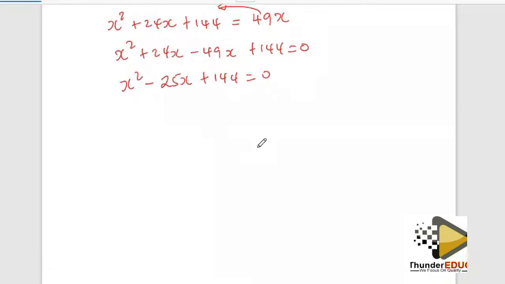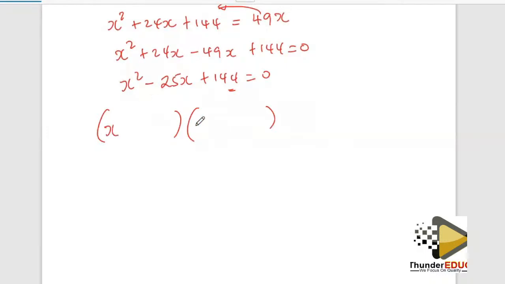Then I can use my quadratic formula or I can still use my factors. So the two numbers that I can multiply to give me 144, but when I add them, I get negative 25. Can it be 16 and what? 16 and 9, isn't it? Yeah, perfect.